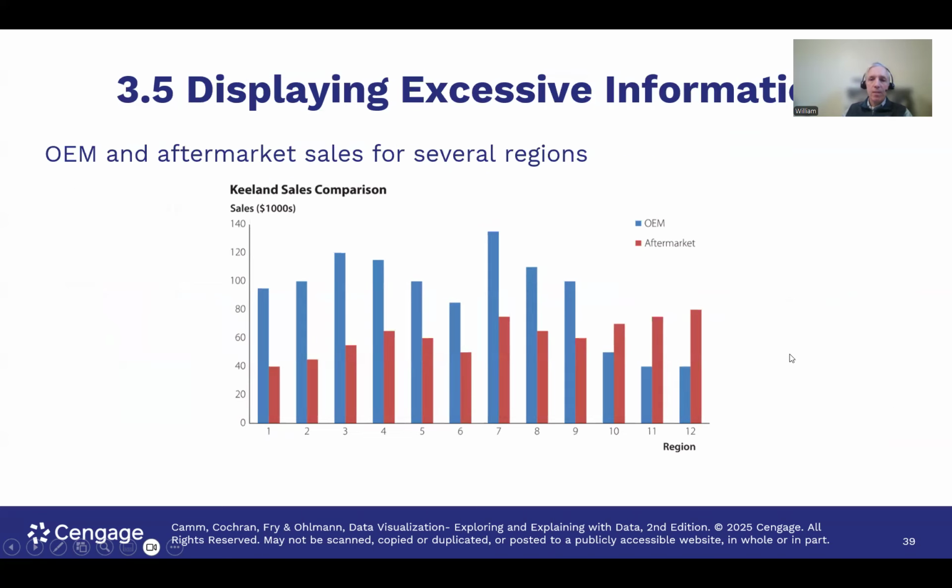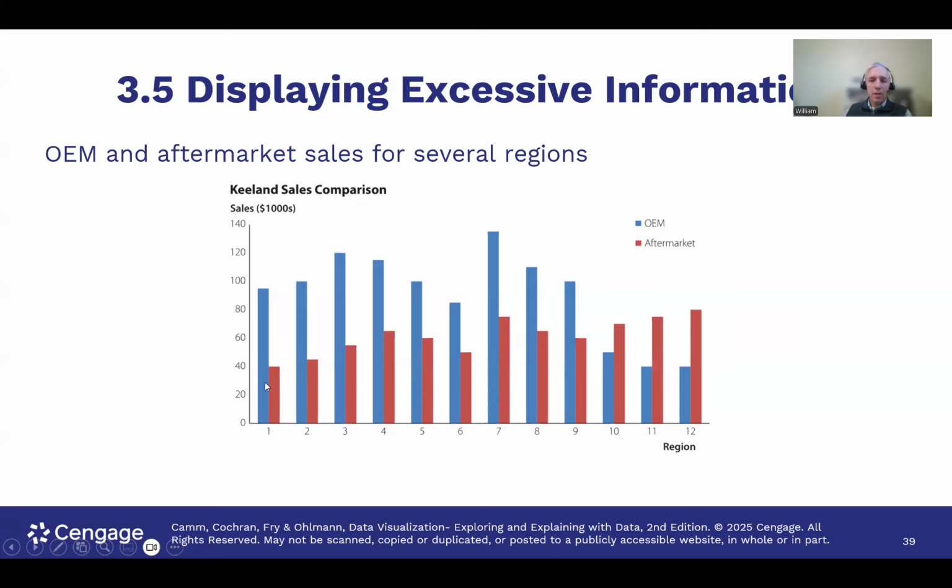So the authors claim this chart is displaying excessive information. This is Keelan sales, and it's talking about OEM sales and aftermarket sales. And I actually don't agree with this, and I've realized why I don't agree with them on this, and it's because I have seen Dodge bar charts or side-by-side bar charts like this a million times.